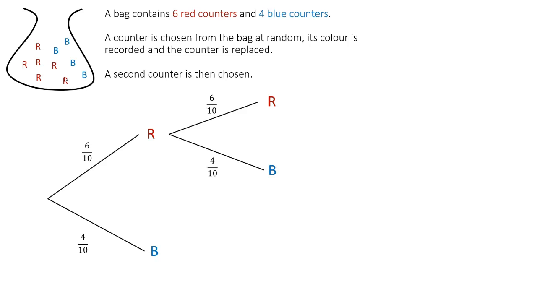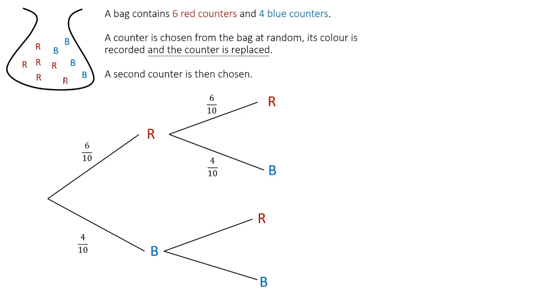Imagine now that the first counter out of the bag wasn't red but blue. So we need to look at the options after that. If the first counter was blue, we noticed it was blue, we put it back. We then have 2 options for the second counter coming off there. So we're going to draw 2 branches coming off the blue. This is us assuming now that blue was our first pick. That second counter could either be red or blue.